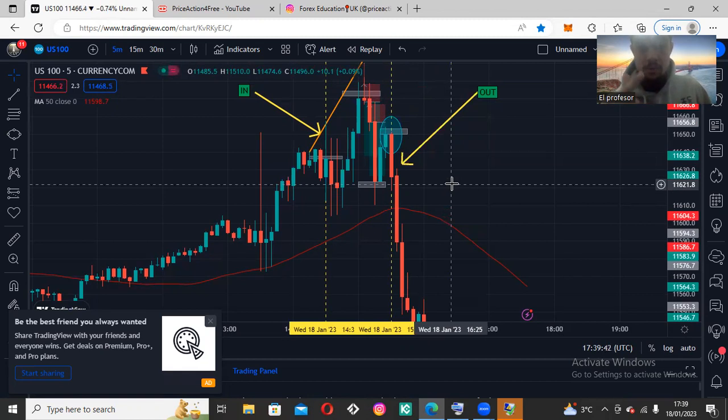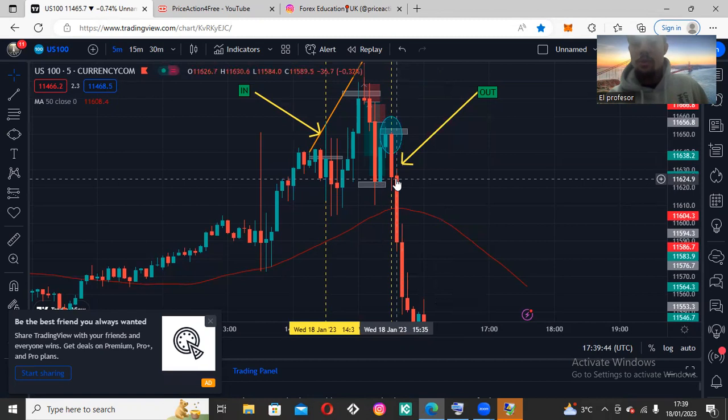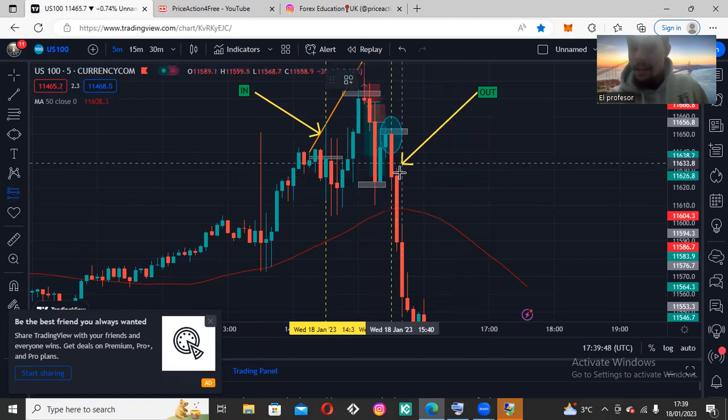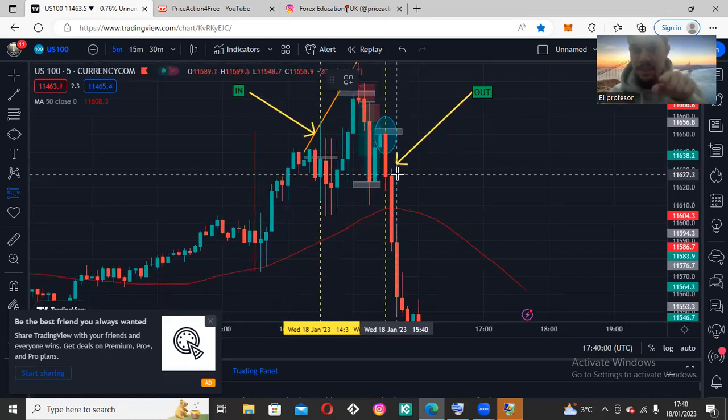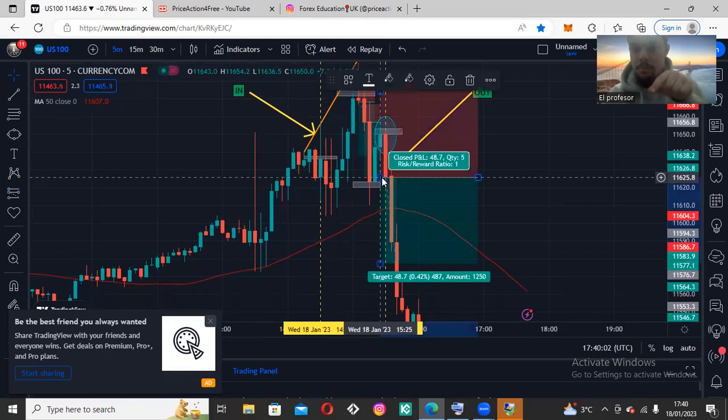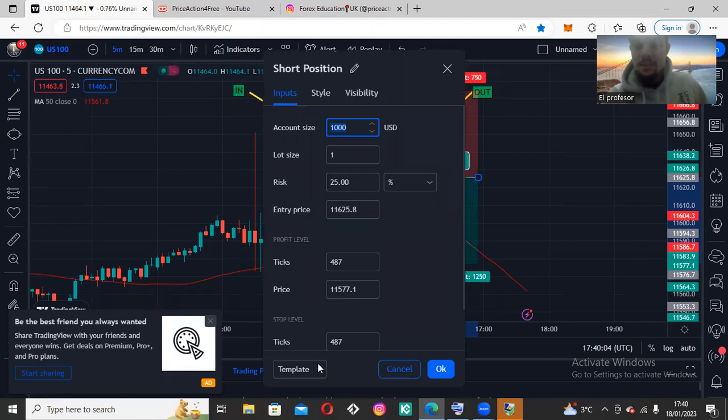So that's beautiful. Now we will be waiting for the next candle to create bearish momentum right now. So the price is going down. It's easy. We will be waiting for the next candle to just create the high, just like this, and then I will take another trade.